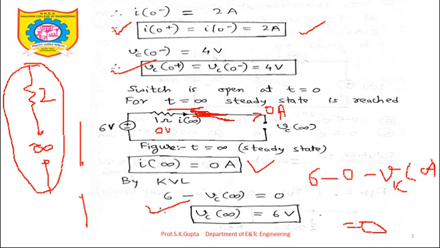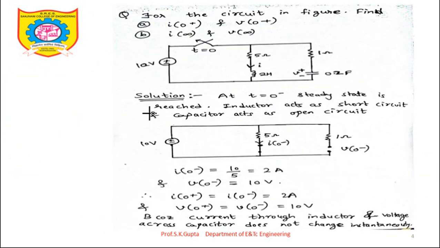So we have determined the initial value and final value for this second order circuit. Now let's see one more example. For the circuit shown in the figure, find the initial value and final value. So again we have one second order circuit and we have to determine the initial value and final value.